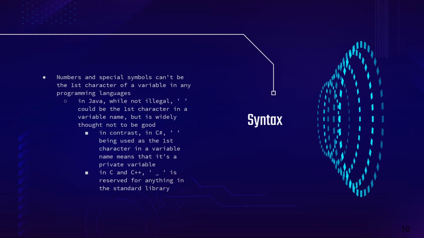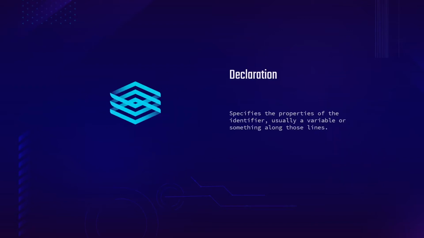In C#, however, you cannot use it as a first character unless it's a private variable, and I don't really see people do that. In C and C++, anything that starts with an underscore is going to be reserved for the standard library. Again, you can do it, but you shouldn't, and you're definitely not going to see it in C++. Maybe in other languages it's fine if you do.